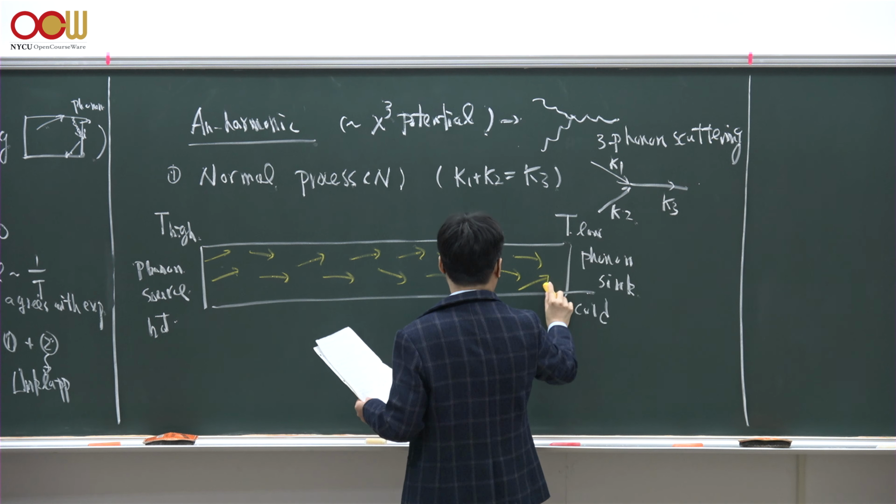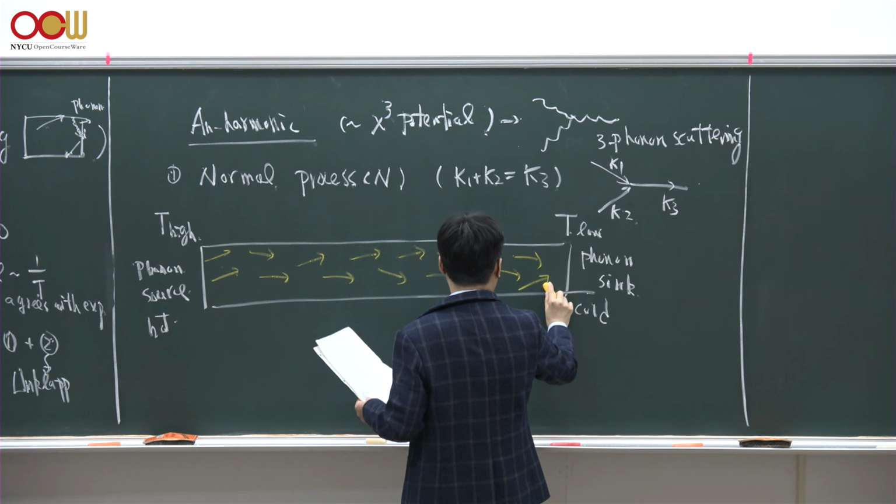So if you really reach thermal equilibrium, this net momentum flow should be 0. However, if you look at this plot and consider only the normal processes, where the particle can move forward from the left to the right, there's no way that the particle can go back. So if only such processes are available, then there's no way that J could be 0.